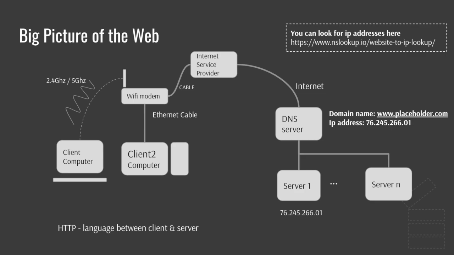So let's look at the communication part between the client and the server. Each server is associated with an IP address in the World Wide Web. The IP address is a unique address by which you can locate a server in the World Wide Web. And the DNS server holds all the IP addresses and the corresponding domain names.